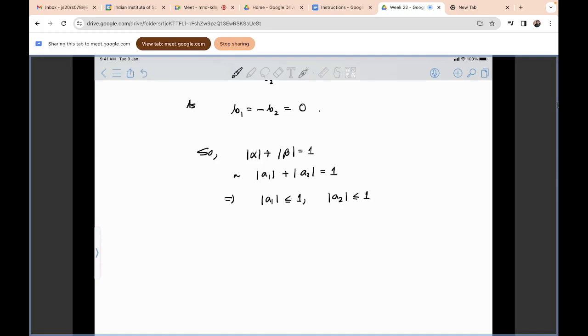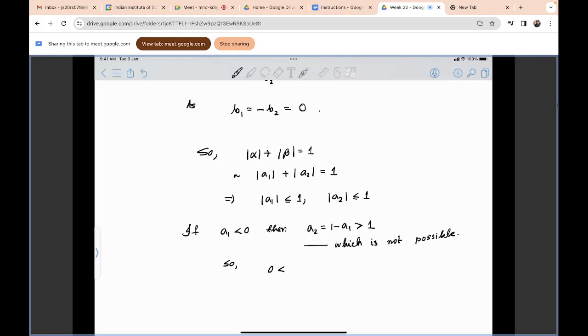But can A1 be negative? If A1 is strictly less than 0, then A2, which is 1 minus A1, will be bigger than 1. Which is not possible, because mod A2 is at most 1. So 0 is less than or equal to A1, which is less than or equal to 1.